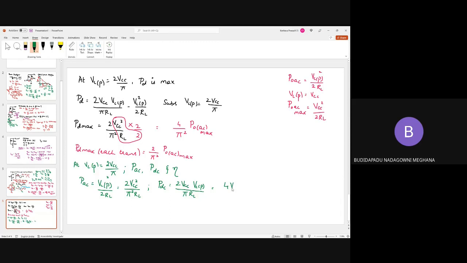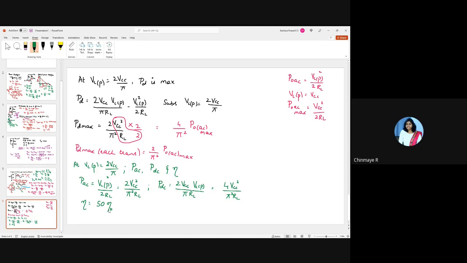We'll get 4 VCC square by pi square R. Correct. So 4 VCC squared by pi squared RL. So now what's efficiency? PAC by PDC, which is 50%. So when VL of P is equal to 2 VCC by pi, the power dissipated by the transistors will be maximum. For this VL of P, the efficiency of the class B amplifier is only 50%.